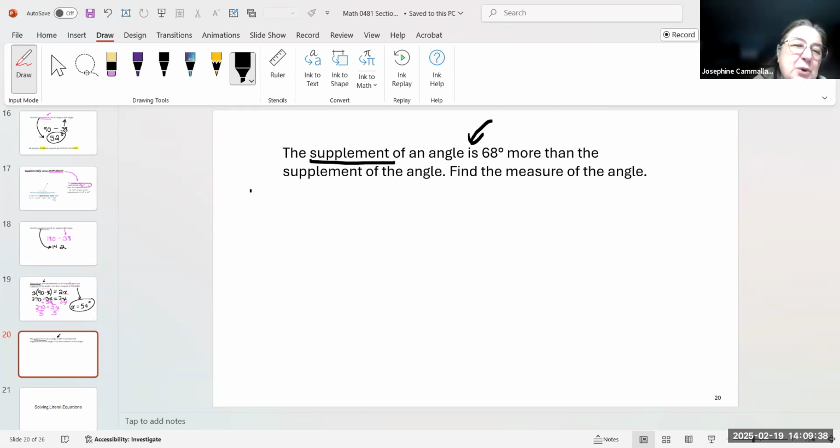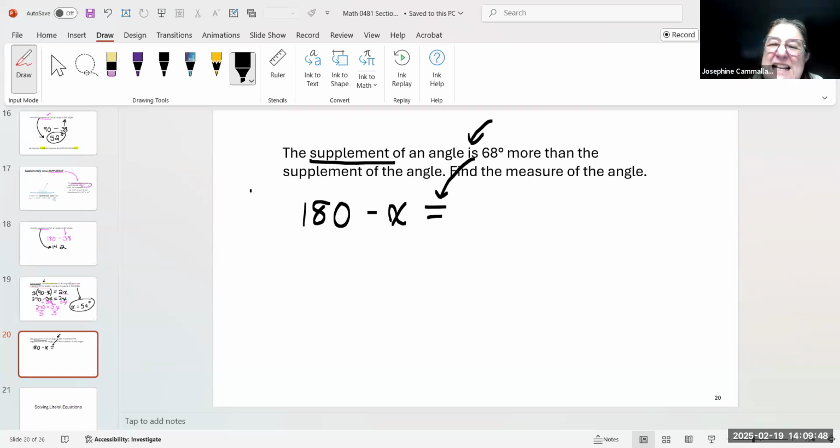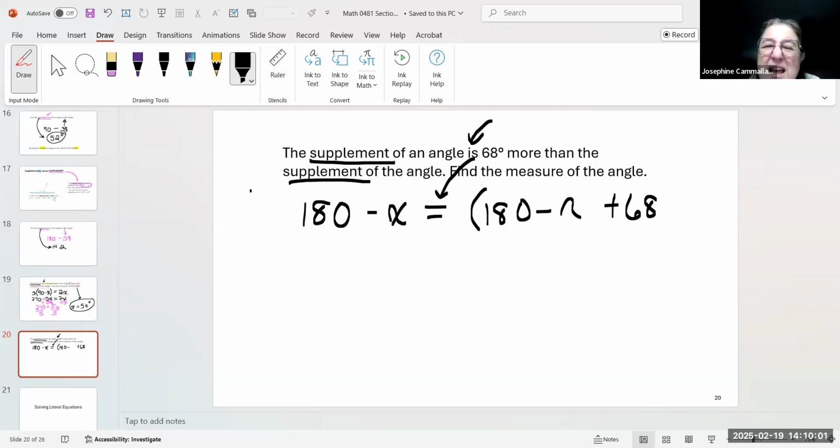The supplement, 180 minus x. Remember that little word is here? 68 more than, okay, see that phrase? Supplement of an angle.